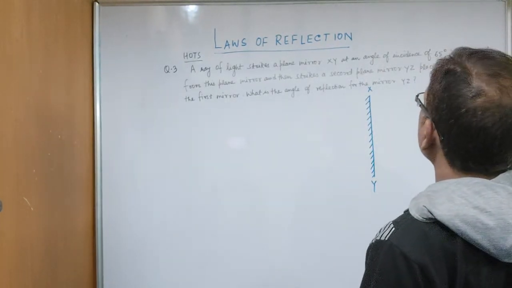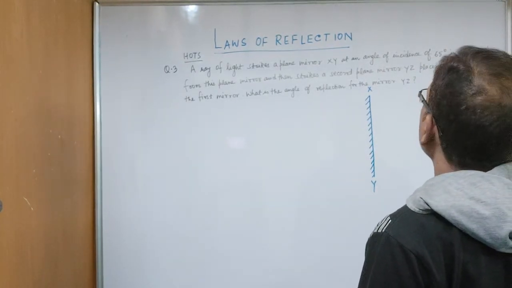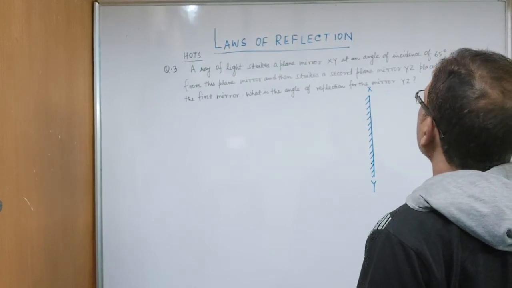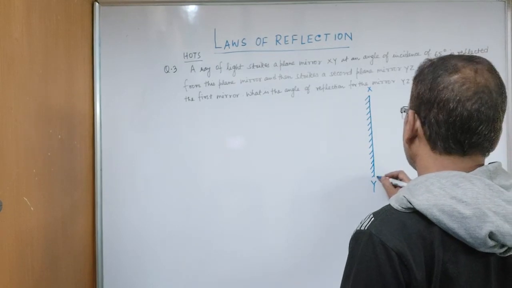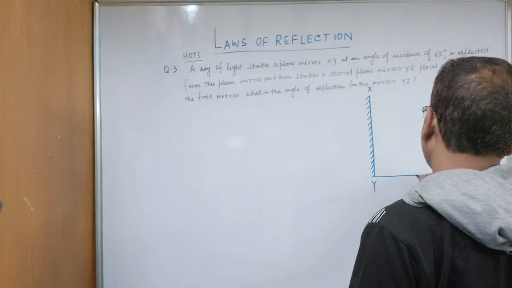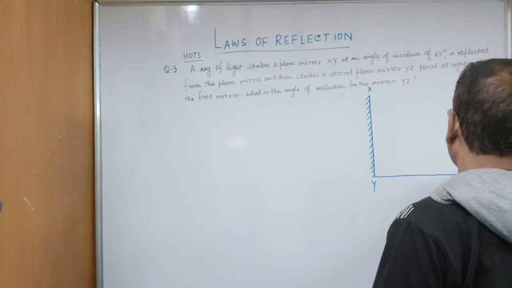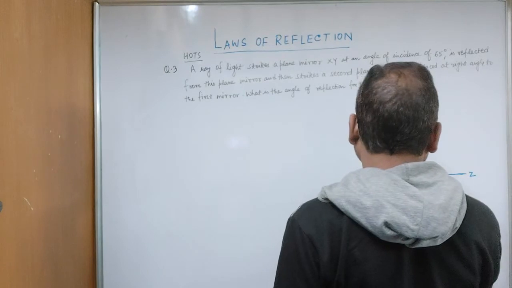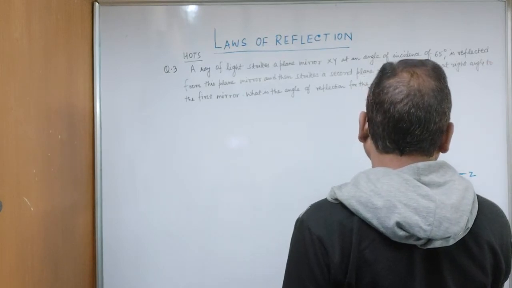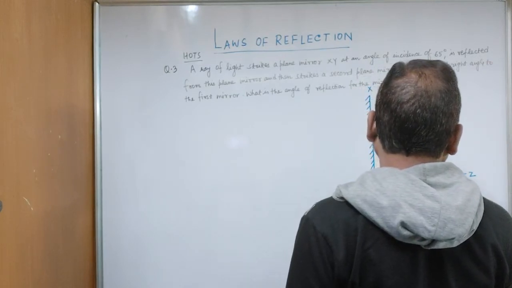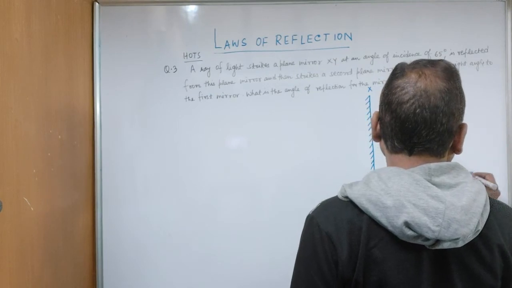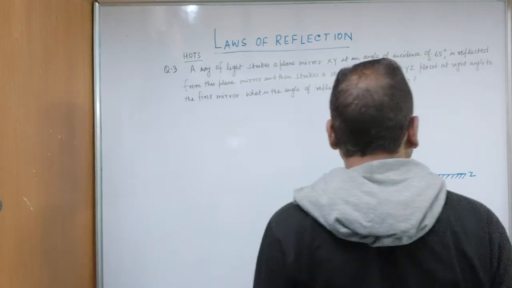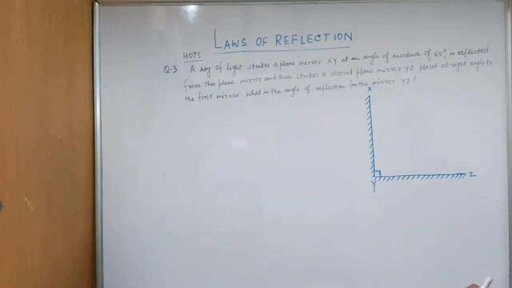At an angle of incidence of 65 degree it is reflected from this plane mirror and then strikes a second plane mirror YZ, and this mirror is placed at an angle of 90 degree. They are at right angle to each other.